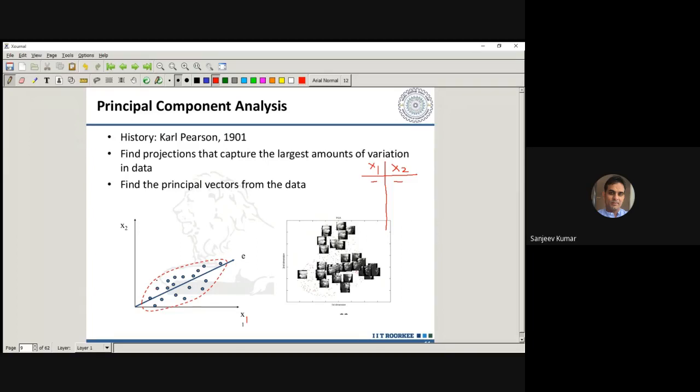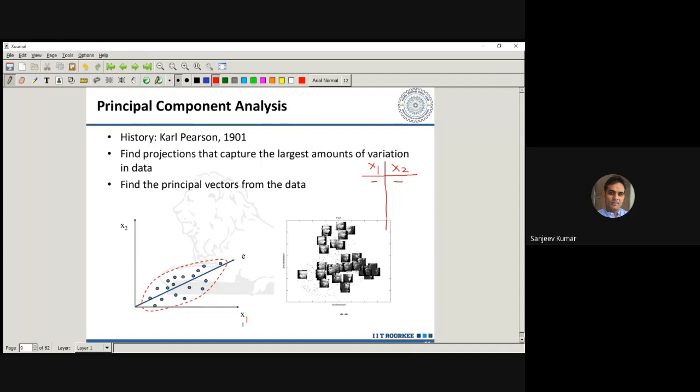Now it is a 2-dimensional problem. If I want to reduce the dimension to 1, what would I like to do? I would like to project all these points onto a line, and the direction of that line should be the direction in which your data has the maximum variation.